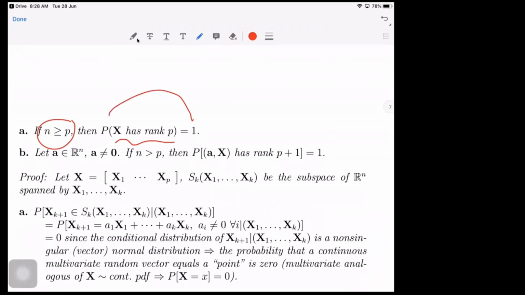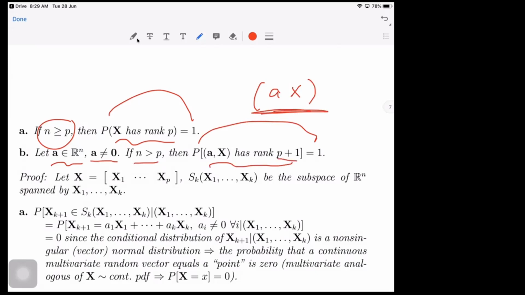And if you append a matrix to X, say put an A there, where A is an n by 1 vector, not all 0, then if n is greater than P, you are almost sure that the rank of this appended matrix will be P plus 1.